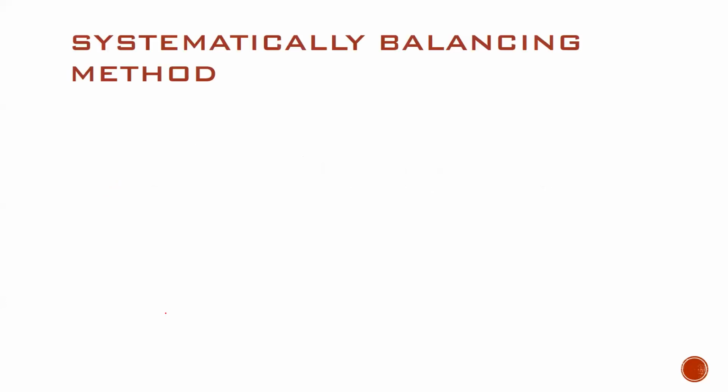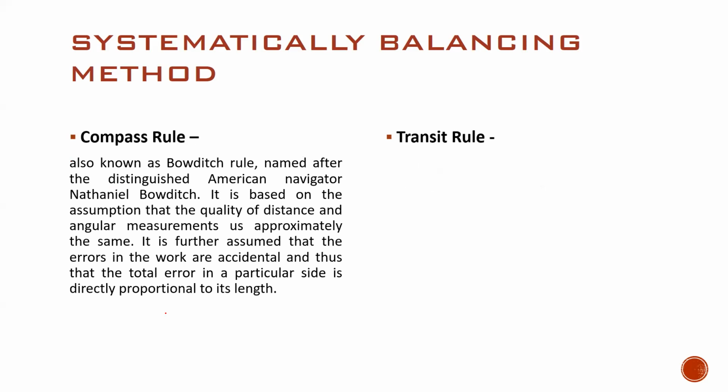We have two most used methods, the compass rule and the transit rule. Pag compass rule, we use the principles of proportionality. Pag mas malaki yung distance natin in a specific course, automatically we can expect na mas malaki yung correction na ibabawas natin or i-add natin. So, that's your compass rule.